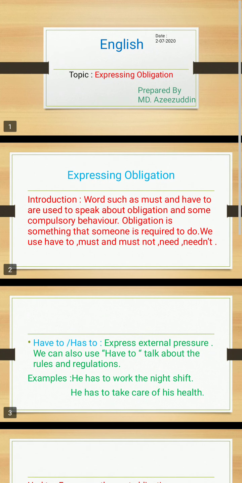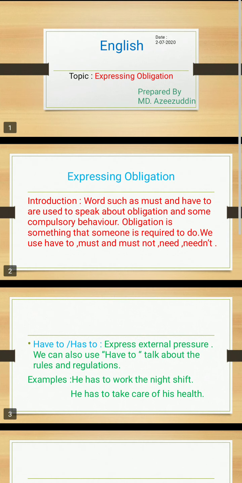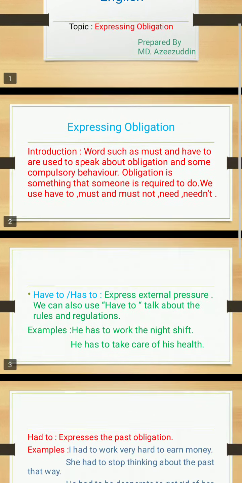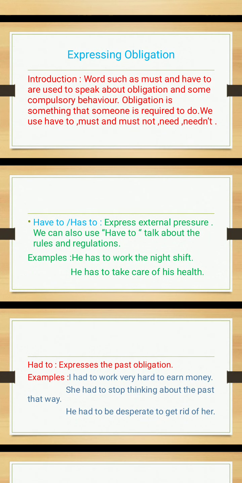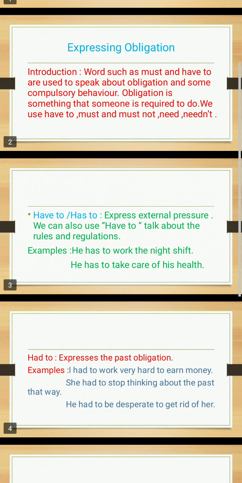If you observe slide number 3, have to, has to, I already told you how it should be used. It expresses external pressure. We can also use have to to talk about rules and regulations.